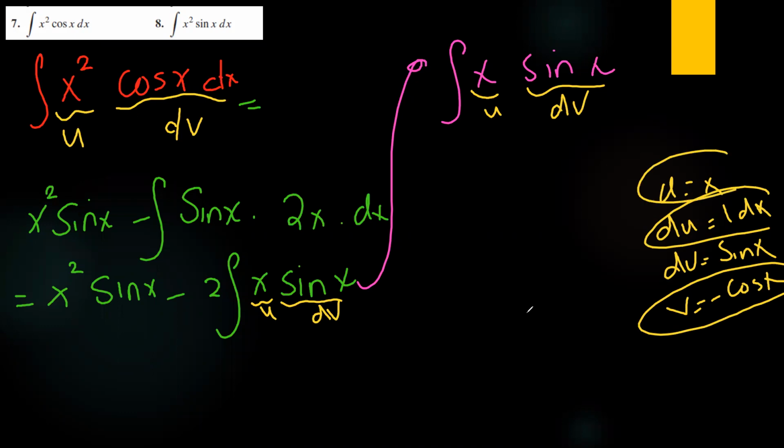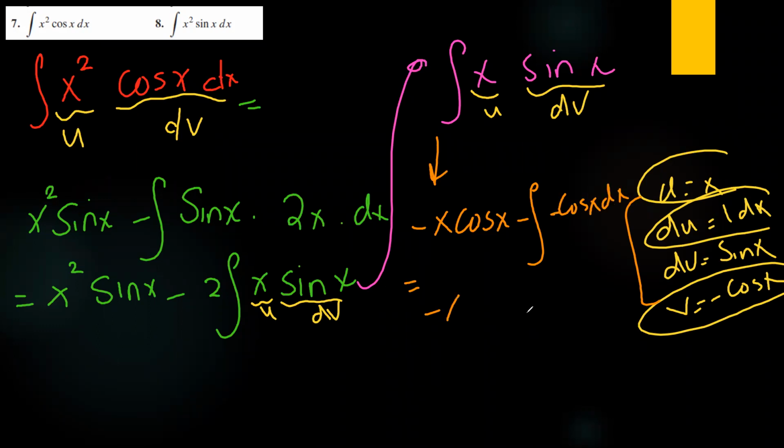Then, the integration of u dv will be u times v, which is negative x cosine x, minus the integration of negative cosine x dx. Then negative x cosine x minus.